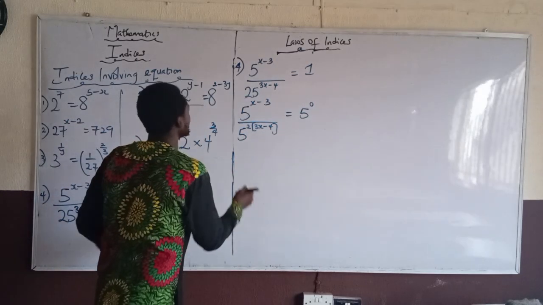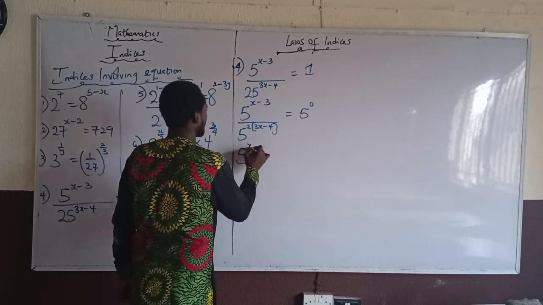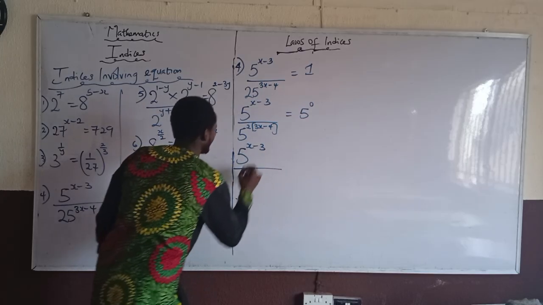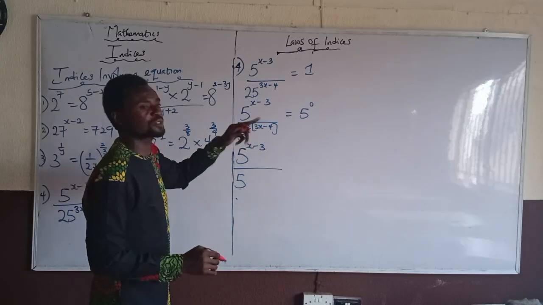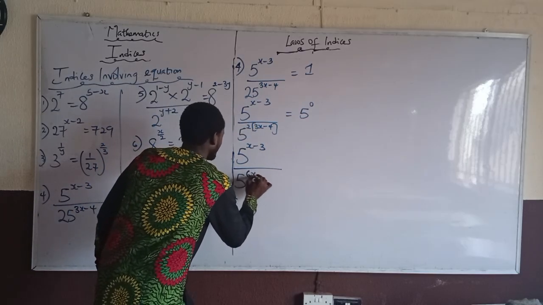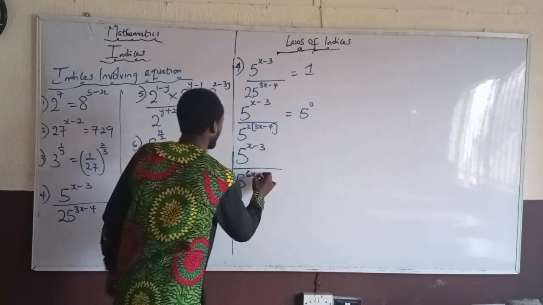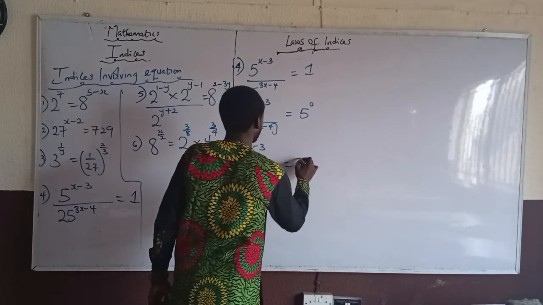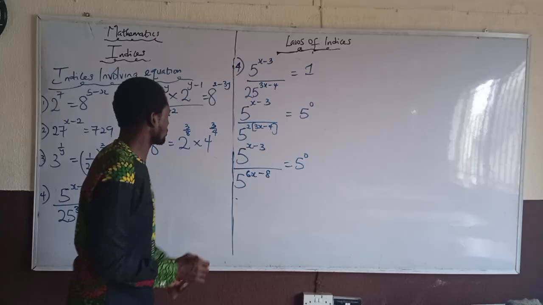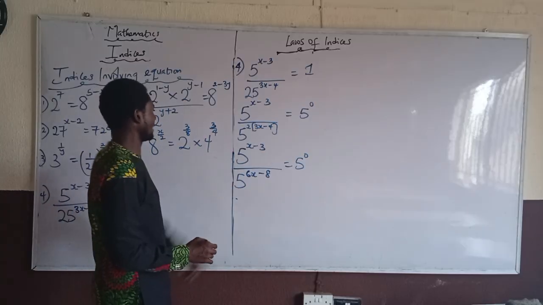1. So here becomes 5 raised to x minus 3 divided by 5, 2 times 3x is 6x, 2 times minus 4 is minus 8, equals 5 raised to 0. So I'm coming here. Let me divide this.